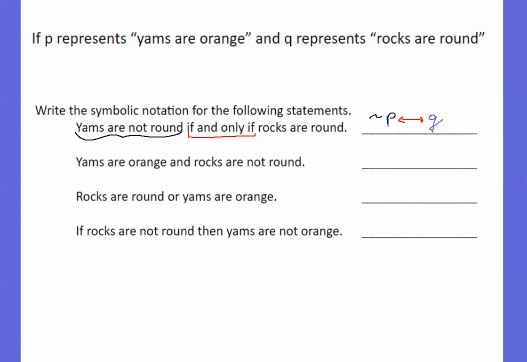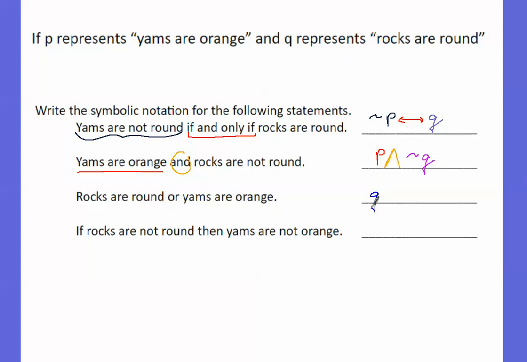Just an example. Yams are orange. That's straight up what P says. So I've got P. And, well, I've got my word and. I need to remember that that's going to be a symbol that starts off looking like an A. Rocks are not round. It's the opposite of the meaning of Q, so I'm going to use tilde Q. Rocks are round.